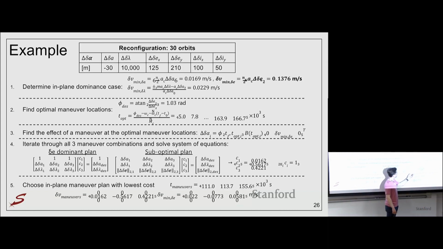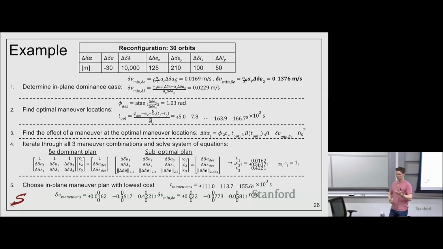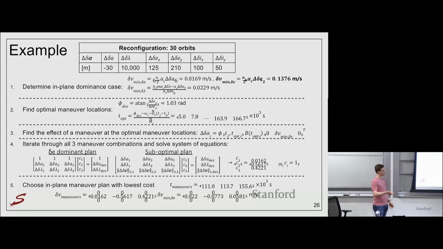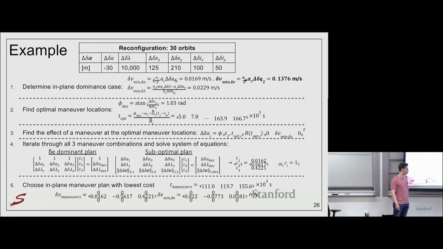I think Microsoft Online does not play well with equations, unfortunately, which I wish I had known. But these effectively sum to 1. So we found an optimal system, or an optimal series of times and maneuver directions associated with this system. We can then create an in-plane maneuver plan with lowest cost at those times, with those maneuver magnitude coefficients on the delta V minima, and we end with delta V's.